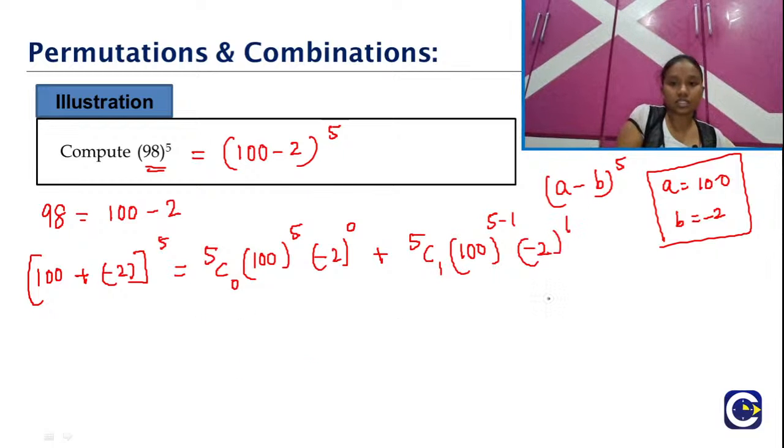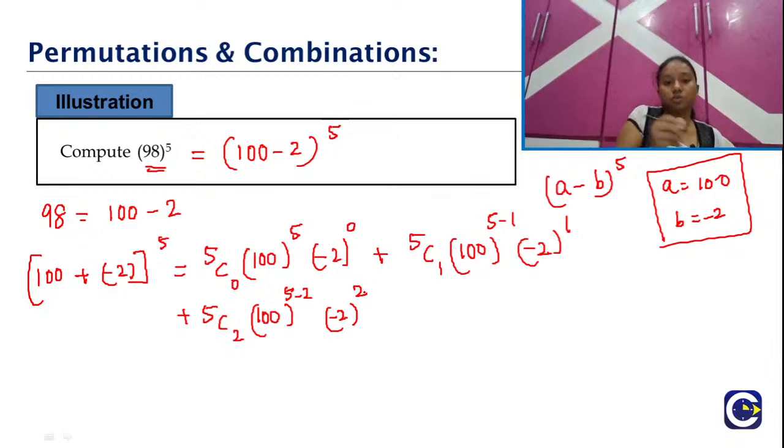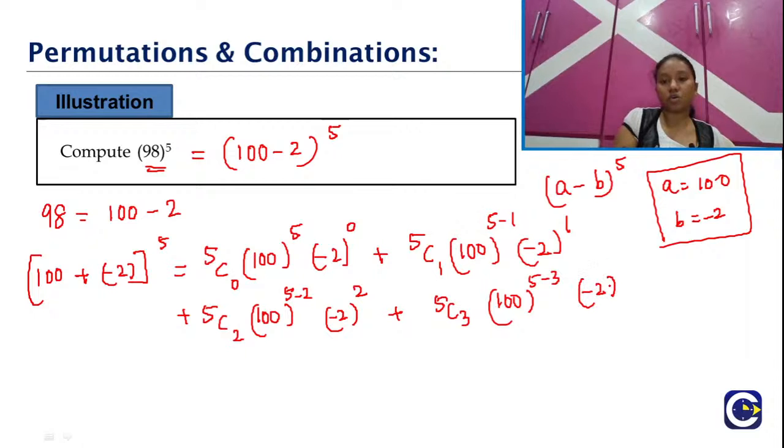So let's write the third term here: 5C2, 100 power 5 minus 2, and (-2) power 2. Fourth term: 5C3, 100 power 5 minus 3, and (-2) whole power 3. So how many terms have we written so far? 1, 2, 3, 4.